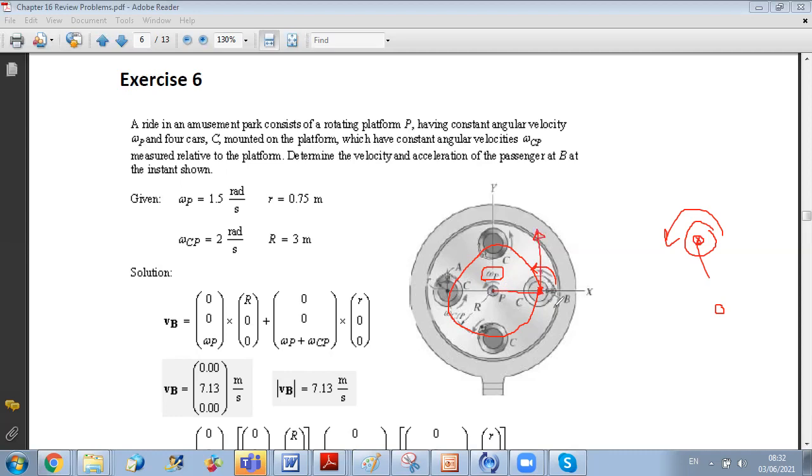So if I call this point O, I can just say that velocity of O is equal to omega P times this distance, the distance from P to O, which is named here R. This is R, okay? So it's omega P times R, and as a vector, it's vertical, so it's omega P R along J.